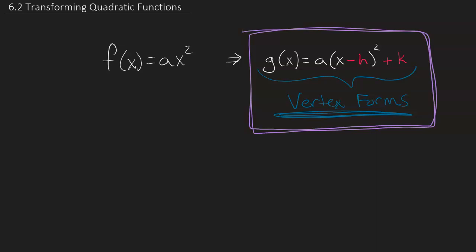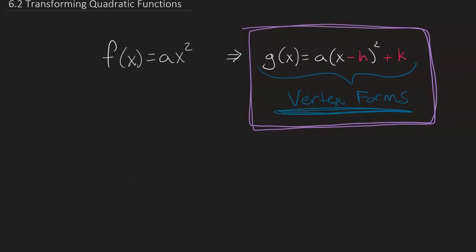So let's go ahead and break down some of the components of vertex form. Okay, so because of the name vertex form, we can actually locate the vertex because the vertex isn't always going to be at the origin. So in vertex form, it's kind of nice. It's the new values that have been added to the parent function.